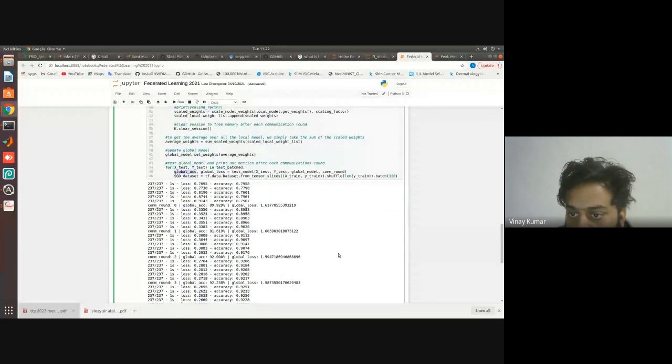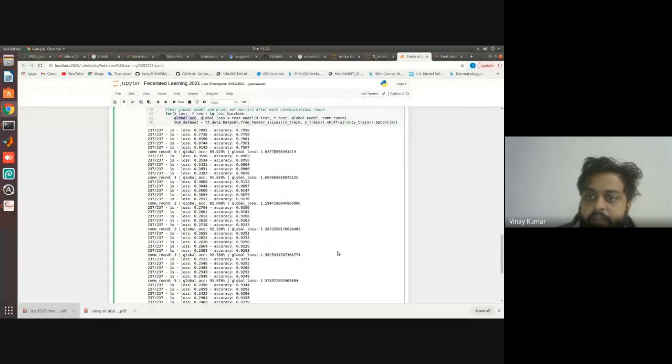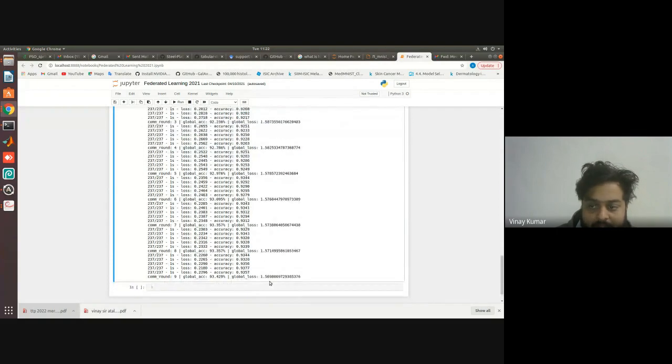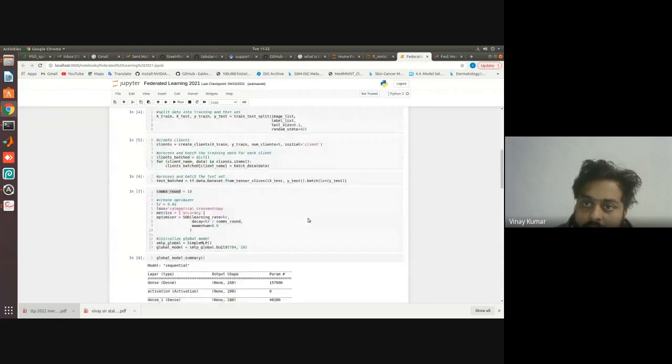Whenever we run these things, these are the 5 clients' data, and this is the global accuracy data. This is the accuracy, this is the loss. This is happening 10 times, and each time you have 5 clients' data.